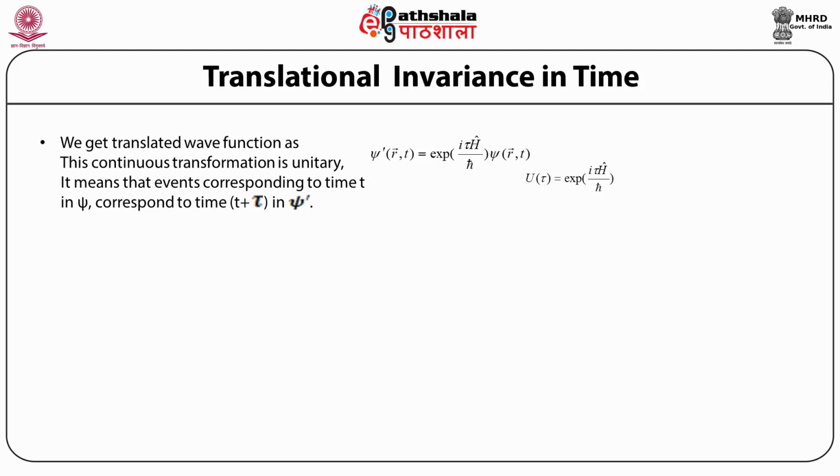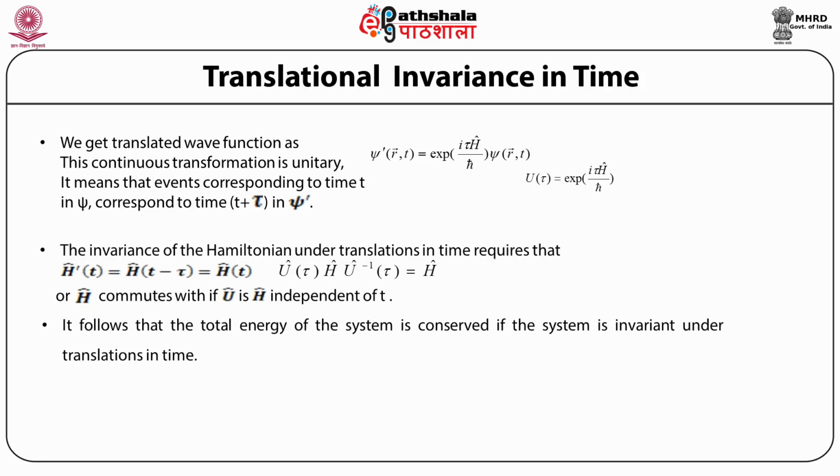Using the transformation operator in time defined above, the invariance of the Hamiltonian under translations in time requires that the Hamiltonian operator H prime as a function of time t is equal to the Hamiltonian operator H as a function of time t minus tau, and this turns out to be equal to the Hamiltonian operator H as a function of time.